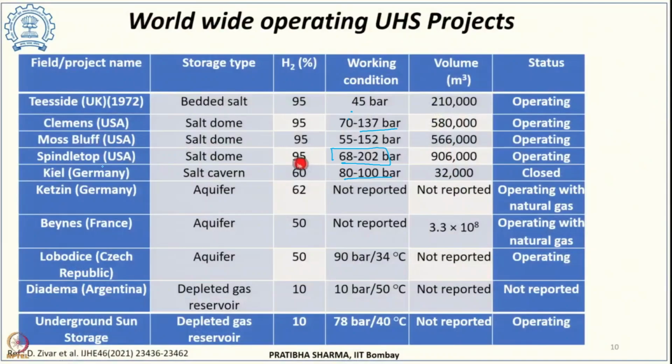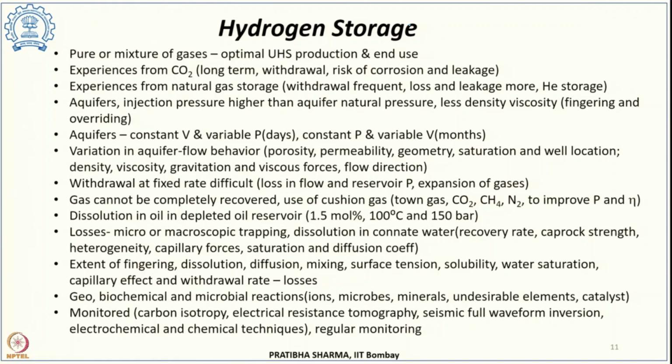This is in the USA. Spindletop is also a salt dome. This shows the operating conditions. The pressure is very important: at how much pressure I am storing the hydrogen underground. These are the easy things you can go through.